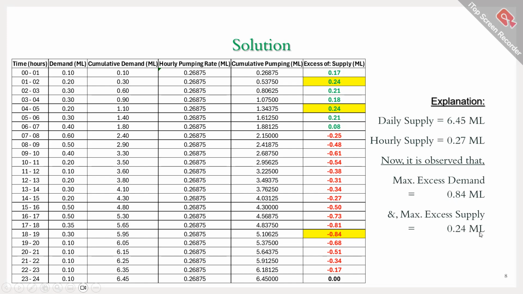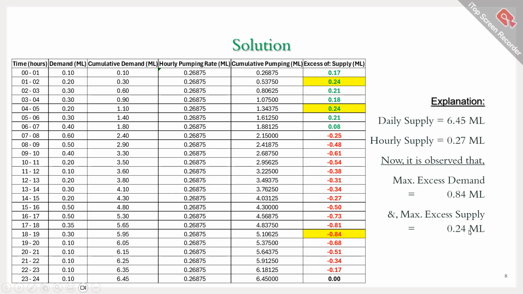And for the maximum excess supply, if you look at the green marked data where the cumulative pumping is more than the cumulative demand, the maximum difference between the pumping and the demand, that means the maximum excess supply, is 0.24, which happens two times, at the second hour and at the fifth hour. The value is 0.24 megaliters.